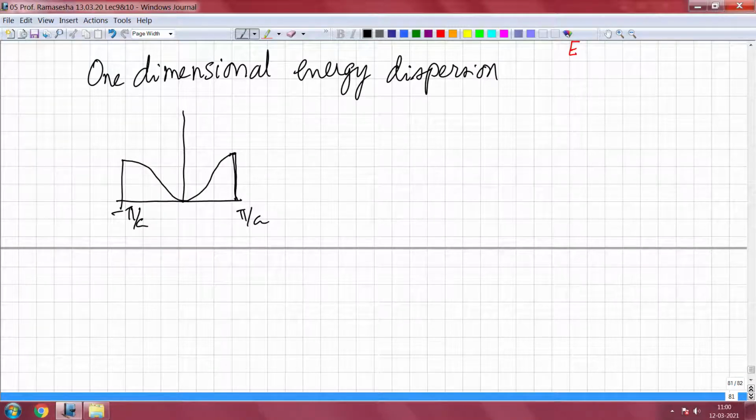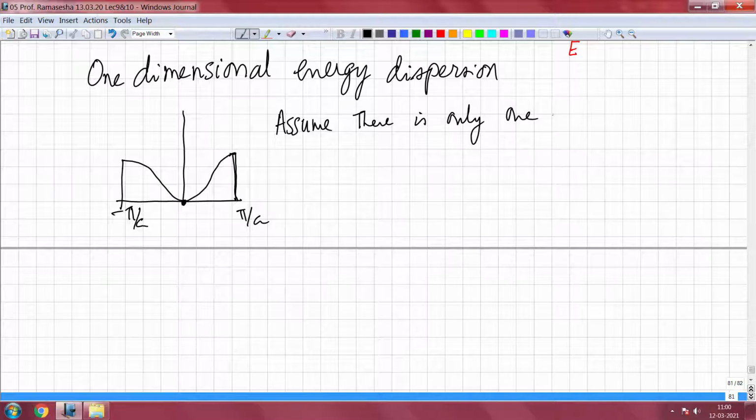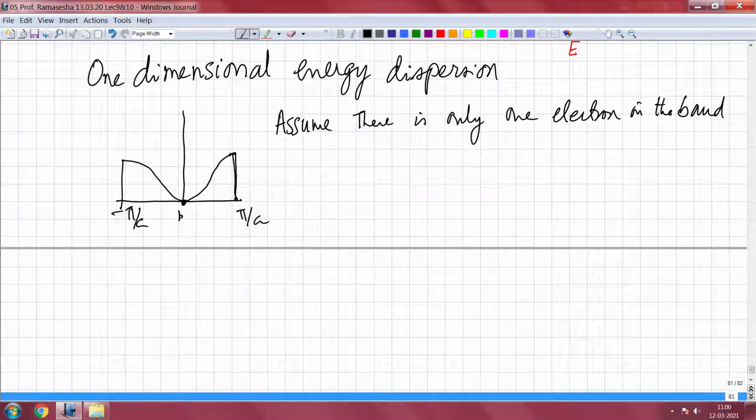If we have an electron somewhere at the bottom here, let us assume that there is only one electron in the band. This is an assumption. So that electron is at k equal to 0 in the ground state.